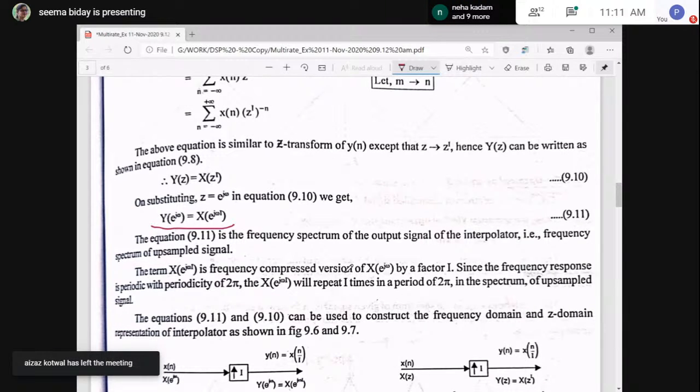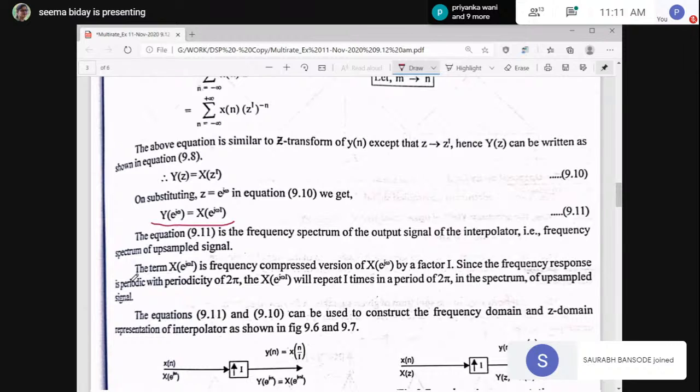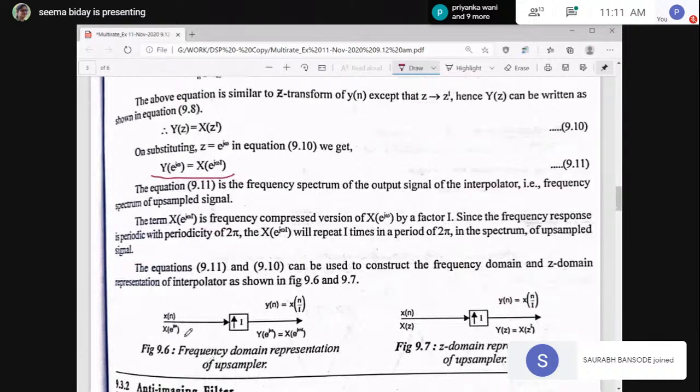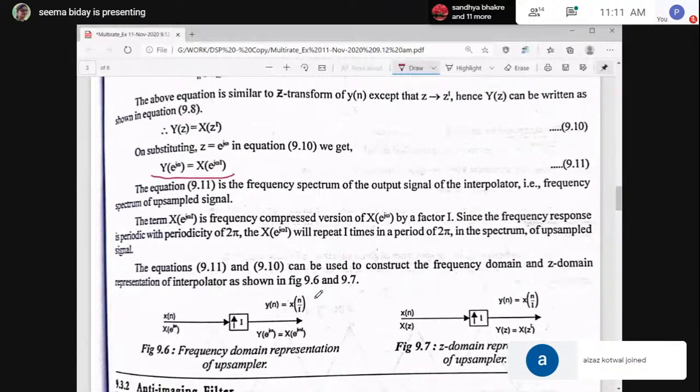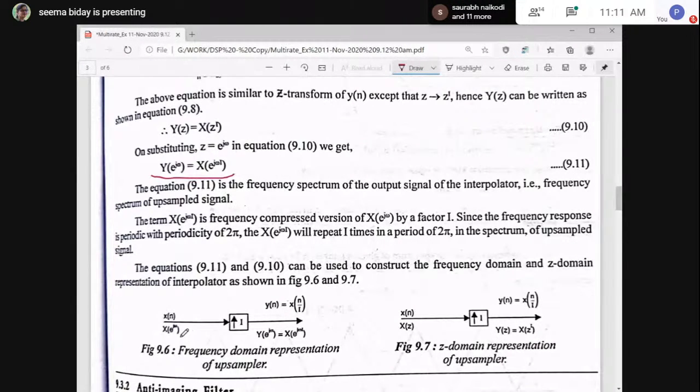See here, up to this we have already covered. For the interpolated signal, we get y of n equal to x of n by I, and in the frequency domain, from X(e to the power j omega), you get X(e to the power j omega I), like this. Or in the z domain, it is Y(z) equal to X(z raised to I).